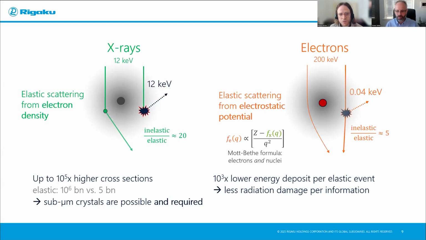So you damage your sample quite a lot for each useful photon that undergoes an elastic scattering process. And while for electrons these numbers aren't that great either, they're up to 3 orders of magnitude better when it comes to how much damage you have to incur on your sample to get a certain amount of information on your structure out. And that makes electrons again compatible with getting good diffraction data from small crystals.